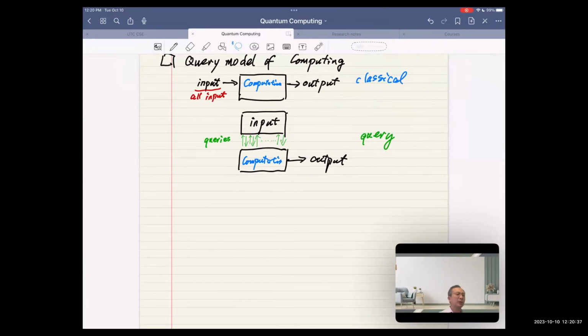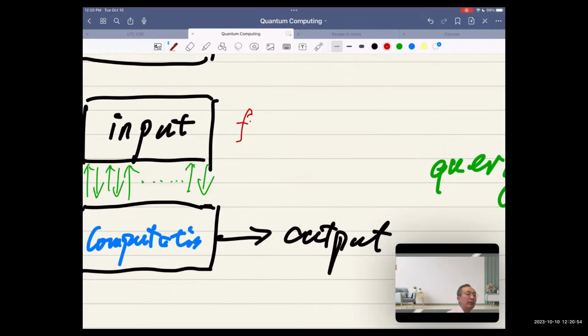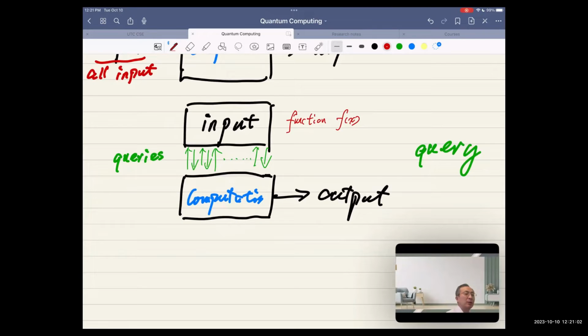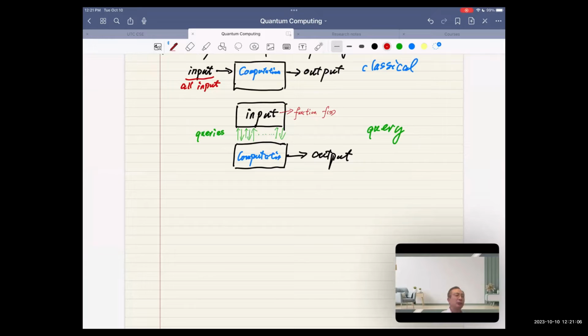Now, because the input is only provided partially, the book actually defined this as a function. This can be abstractly called a mathematical function, or f(x). We can just consider the input a mathematical function. That's actually quite interesting.